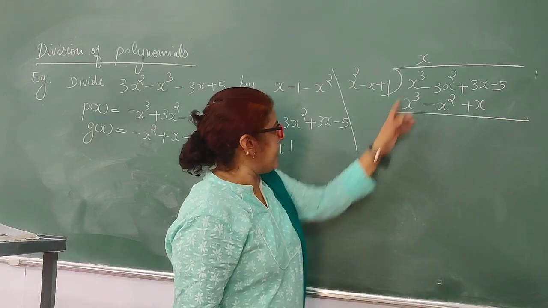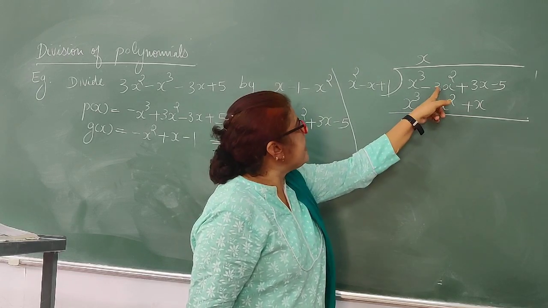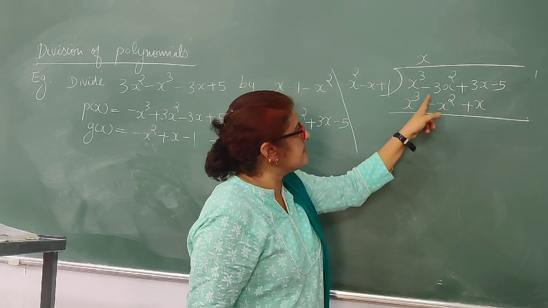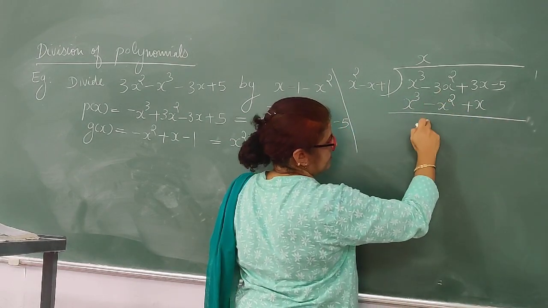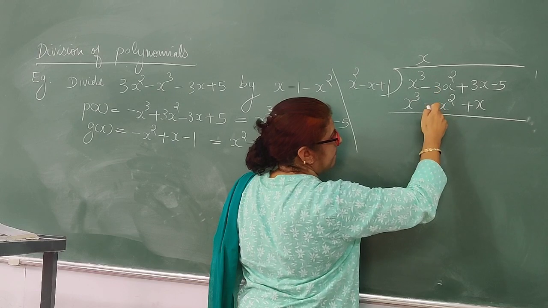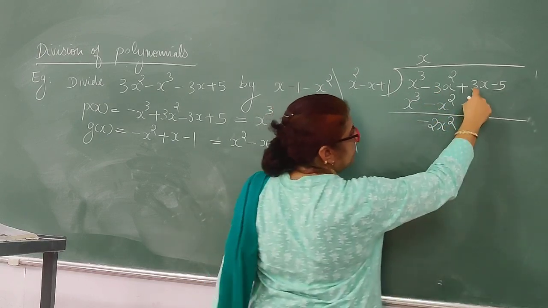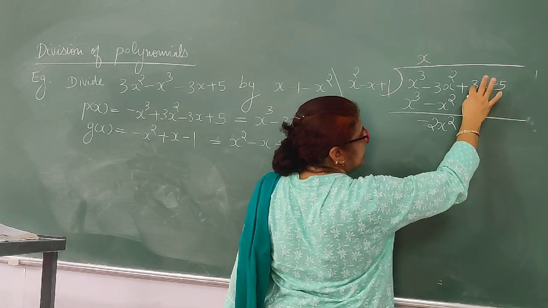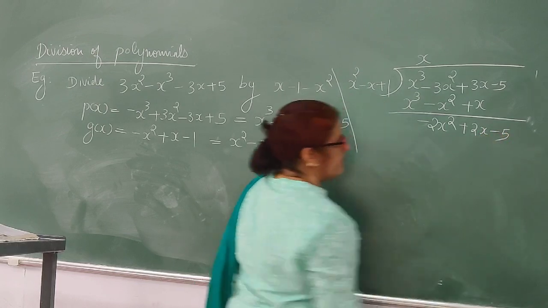Then subtract. x cube minus x cube is 0. Minus 3 minus minus 1 is minus 3 plus 1, it is minus 2. Then here both are positive, no confusion: 3 minus 5 is minus 2. Bring down minus 5.